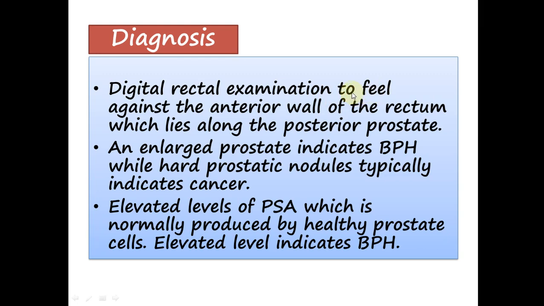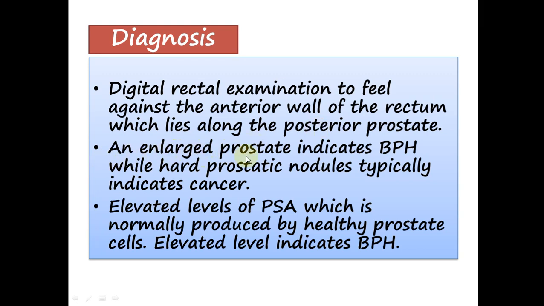So if we introduce a finger into the rectum, we can feel the enlarged prostate, and particularly if the enlargement occurs in the posterior peripheral zone, and if it is in the form of hard and solid prostatic nodules, it increases the suspicion of carcinoma prostate.